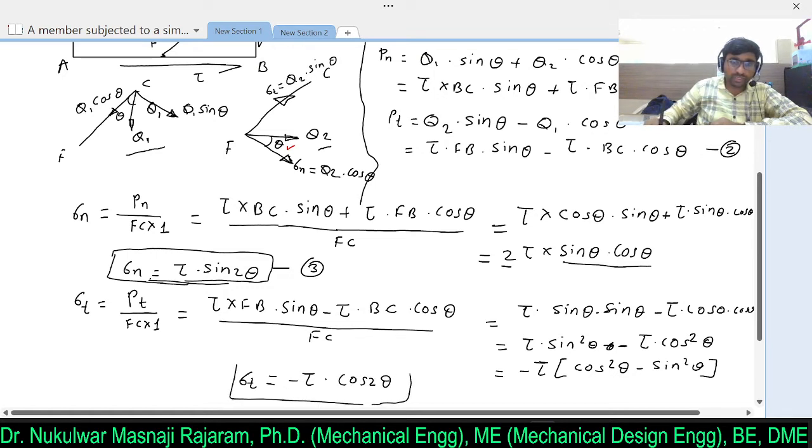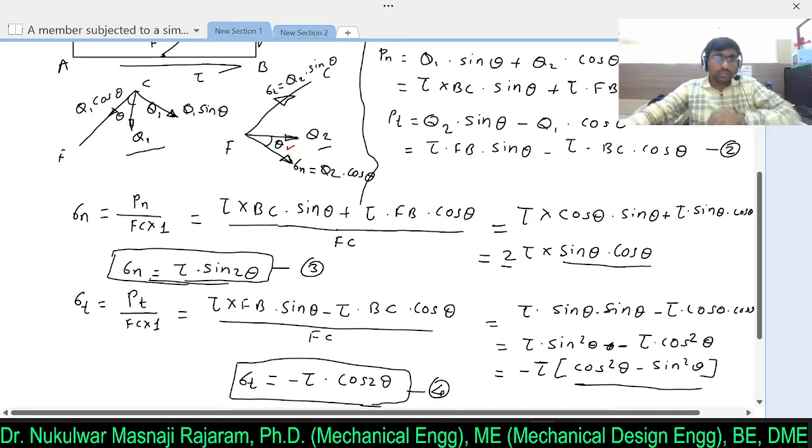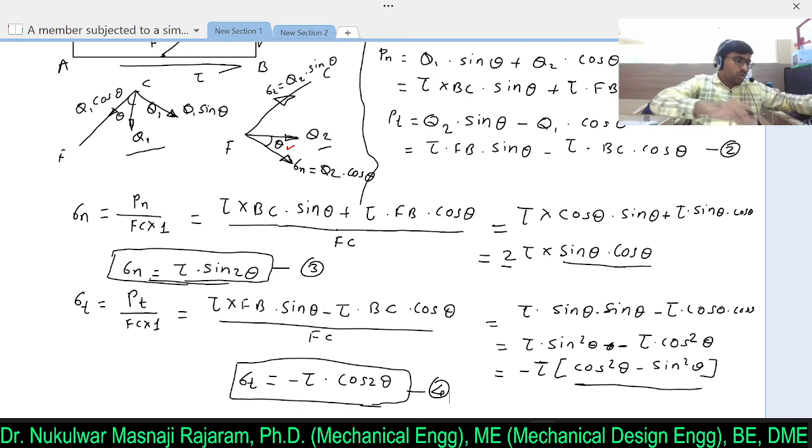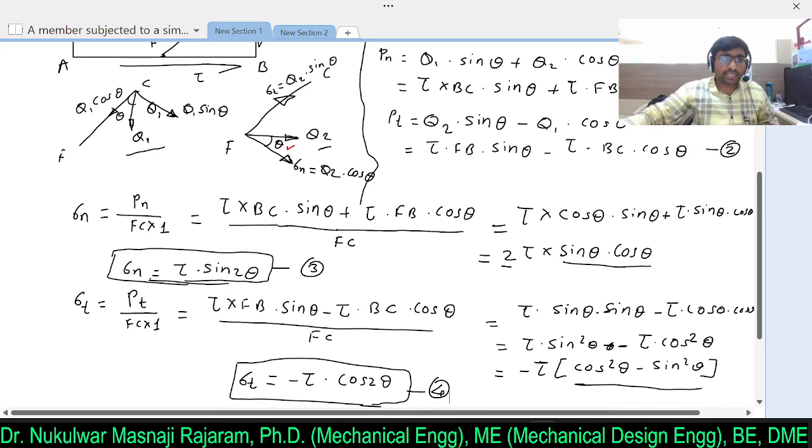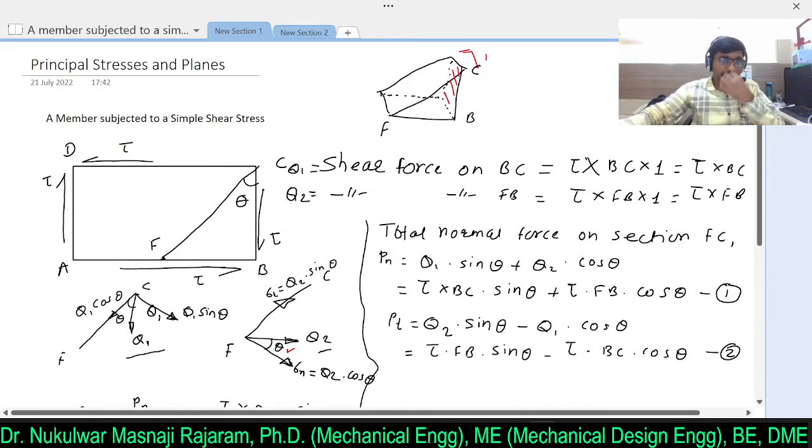So cos of 2 theta is equal to cos square theta minus sin square theta. So this is the final expression, that is equation number 4. From this we can calculate the normal stresses and tangential stresses acting on this plane FC.